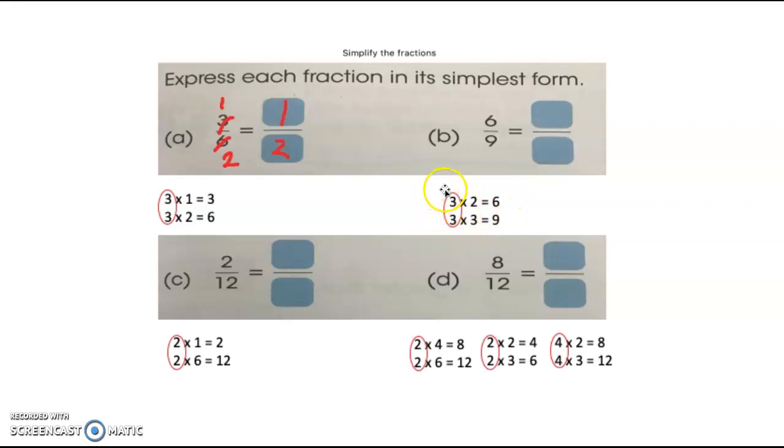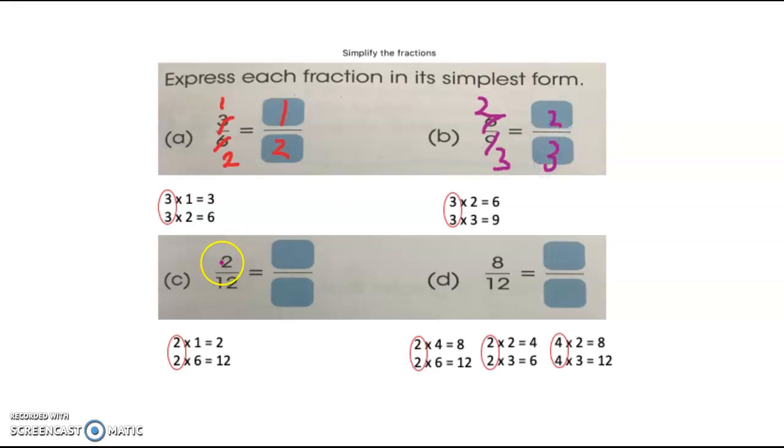So again, this is in the 3 times table. So this is the common number. I keep this number in my brain, and then I cut 6 and write what? Instead of 6, I write 2. Instead of 9, I write 3. So this is my simplified new fraction.